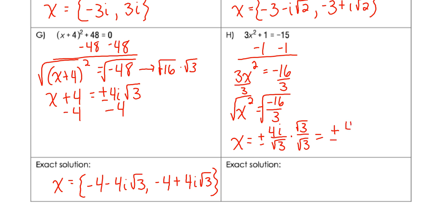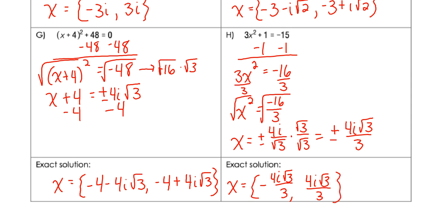So we still have plus or minus 4i root 3 in the numerator and 3 in the denominator. And then we just check and see if we can simplify 4 thirds. We can't in this case. So my 2 solutions here are going to be negative 4i root 3 over 3 and positive 4i root 3 over 3.